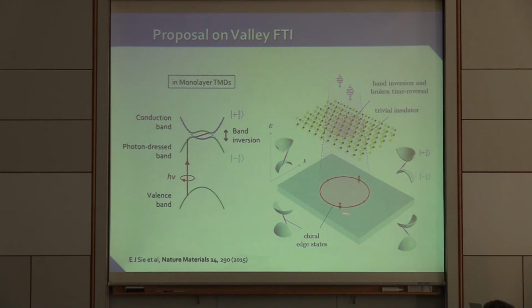Now, this one-dimensional boundary hosts a one-dimensional electronic system where the up-spin electron will travel clockwise, and by switching the polarization, the down-spin electron will travel counterclockwise. This is called the chiral edge state, and this is very amazing because you can have an insulator in the middle, but you can have a metal on the outside.